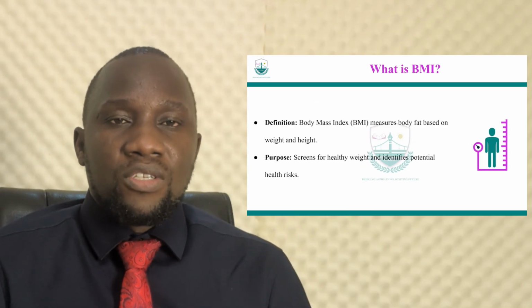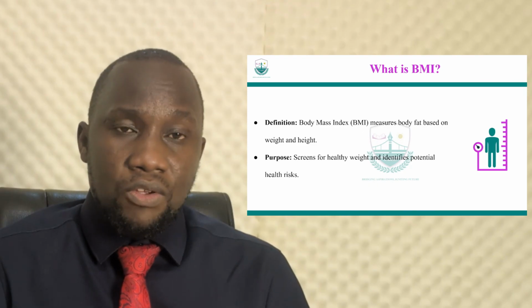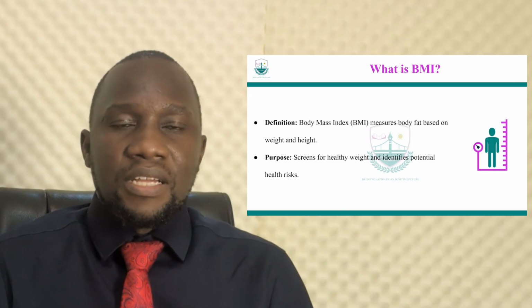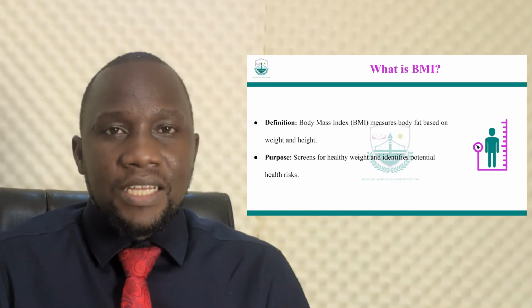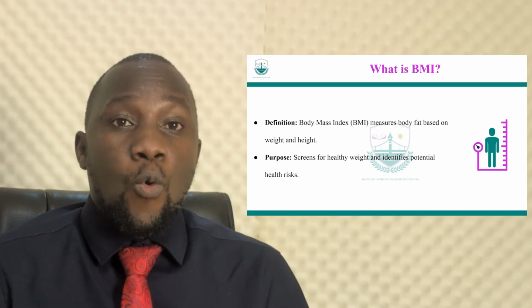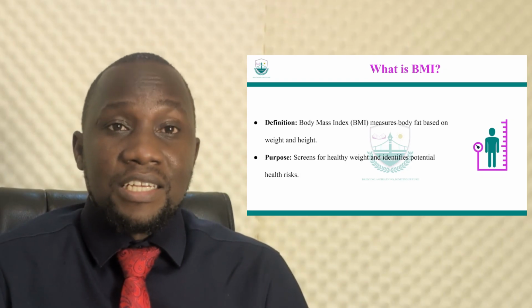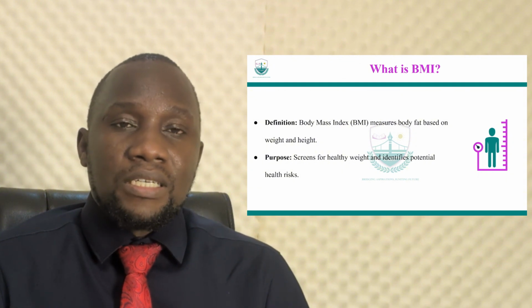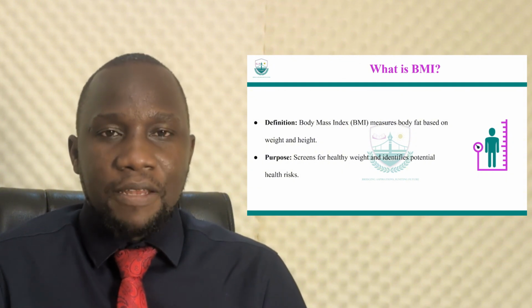When we talk about body mass index, which we usually abbreviate as BMI, it's about measuring the body's fat based on one's weight and height. That is why Liam's height and body weight were taken.